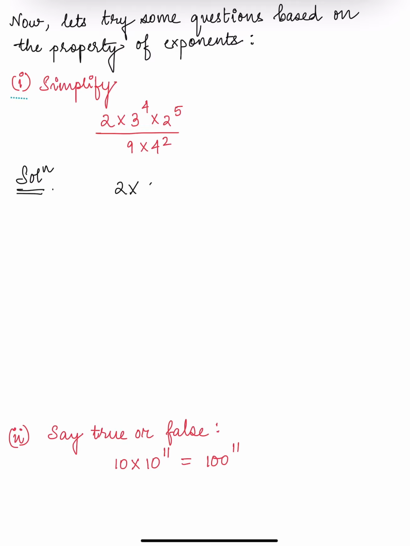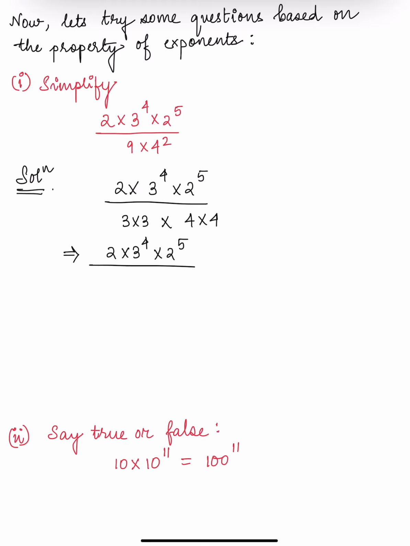It's 2 into 3 to the power 4 into 2 to the power 5. 9 is 3 into 3 and 4 square is 4 into 4. Now 2 into 3 to the power 4 into 2 to the power 5 divided by 3 square into 4 is 2 into 2, so 2 into 2 into 2 into 2.